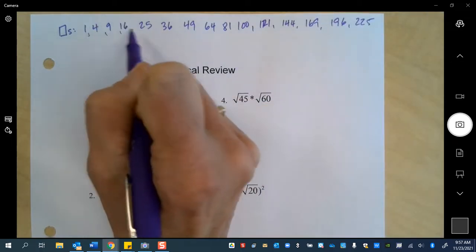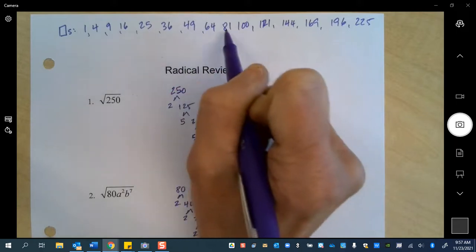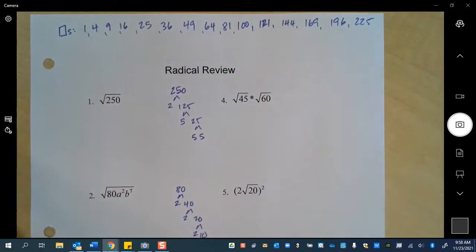If I can keep these numbers in my head, then they help me make the work so much faster and easier. I'll show you what I mean.